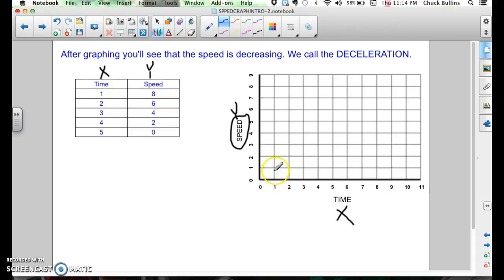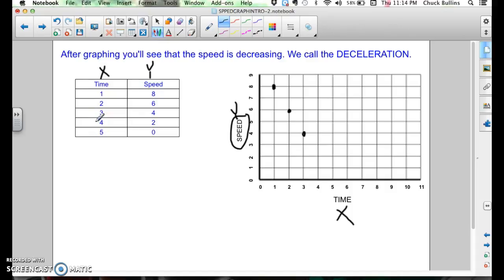At 1, 2, 3, 4, 5, 6, 7, 8. At 2 minutes, the object was going 6 miles an hour. So I'll go 1, 2, 3, 4, 5, 6. At 3 minutes, the object was going 4 miles an hour. 1, 2, 3, 4.